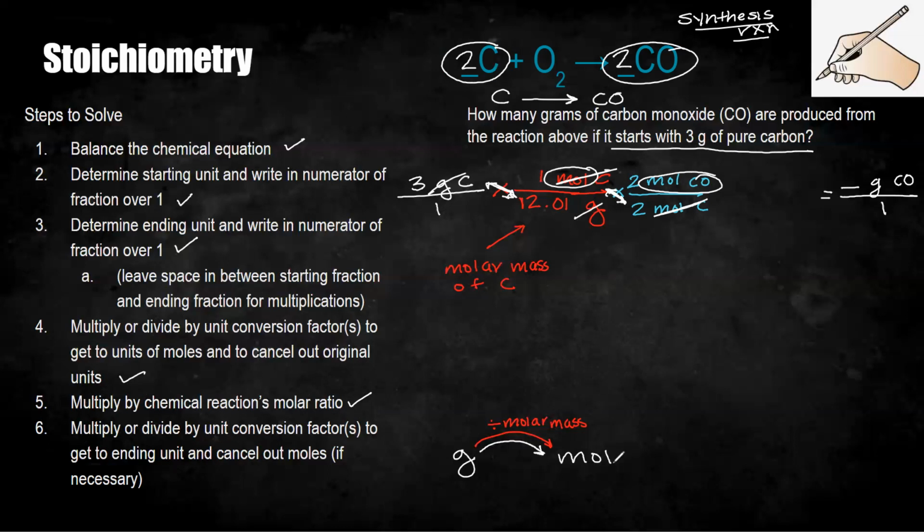Okay, so we have gone from grams to moles, and now we need to go back from moles to grams to get to grams of carbon monoxide. So this time I'm going to multiply by the molar mass, and I'm actually going to use a different color here.